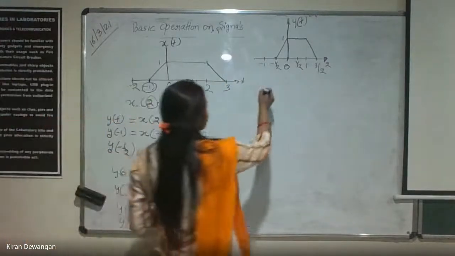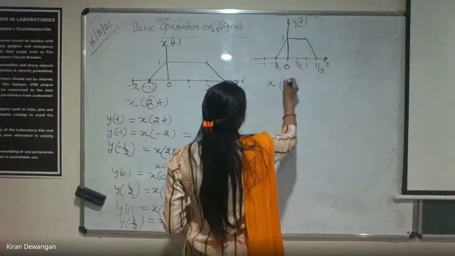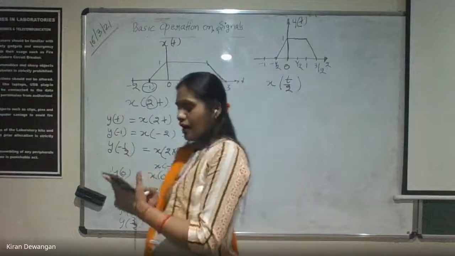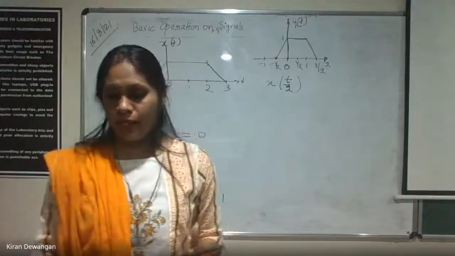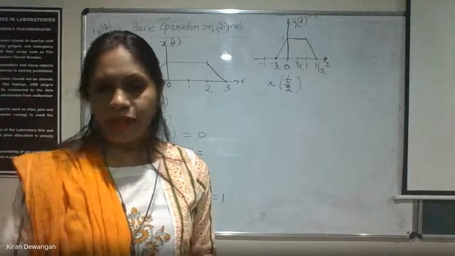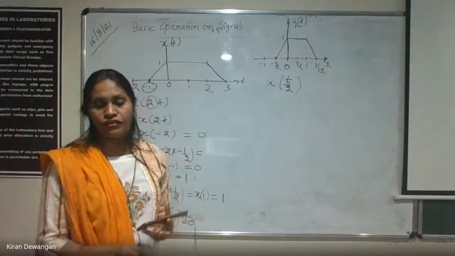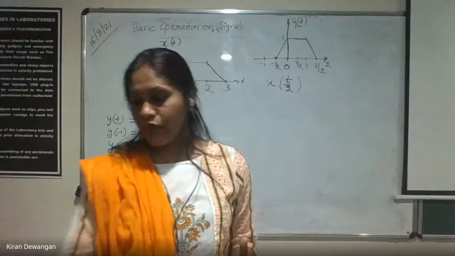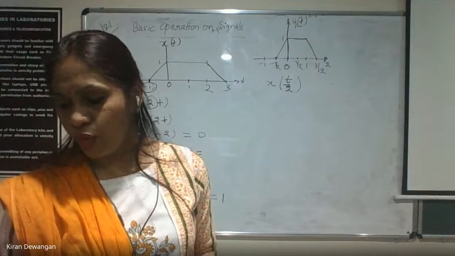Now can we plot x of t by 2? Yes, tell me if you could plot x of t by 2. Just tell me from where it will start and at what point it will end.